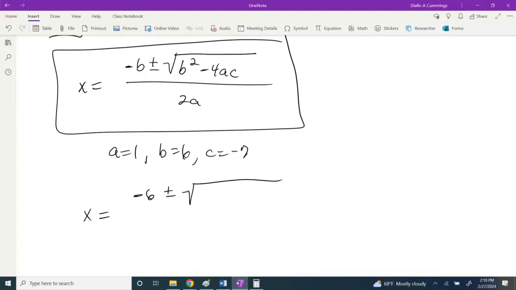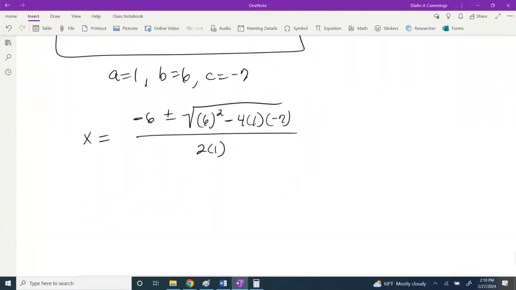The square root of b squared, so that's 6 squared, minus 4 times a, which is 1, times c, which is negative 7, all over 2 times a, which is 1. So now we're going to simplify what's inside of that square root.